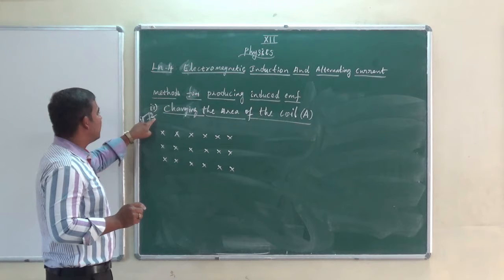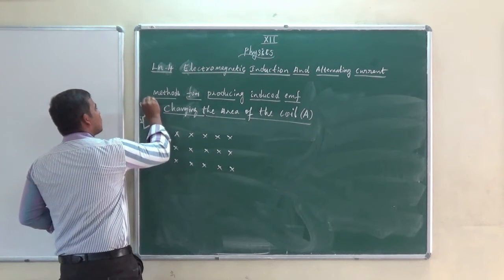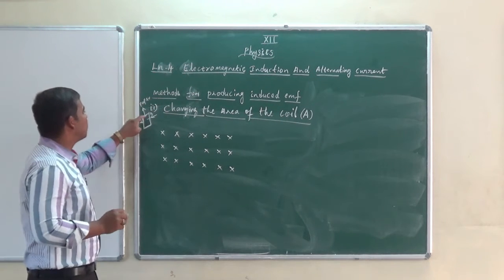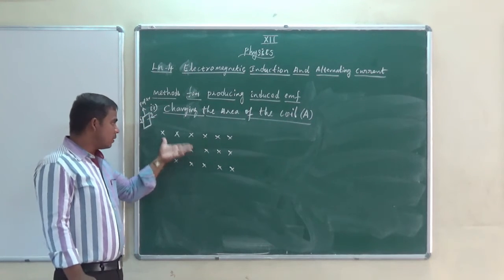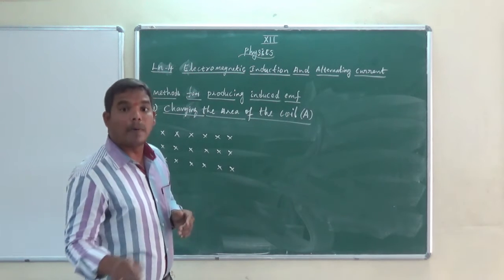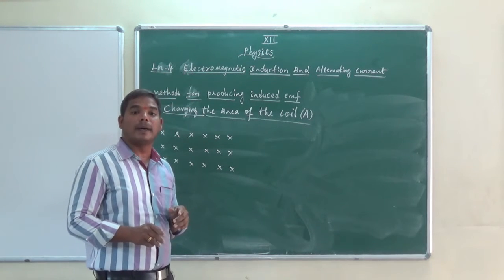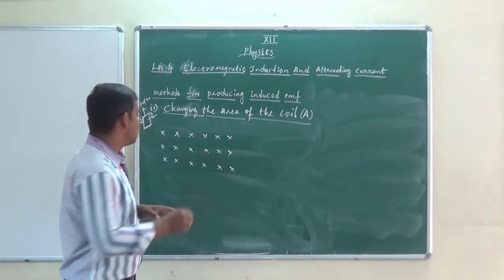The magnetic field is perpendicular to the paper, or the paper is perpendicular to the magnetic field. On the board I showed it like that. The cross symbol indicates the magnetic field is perpendicular to the plane of the paper and acting inward.